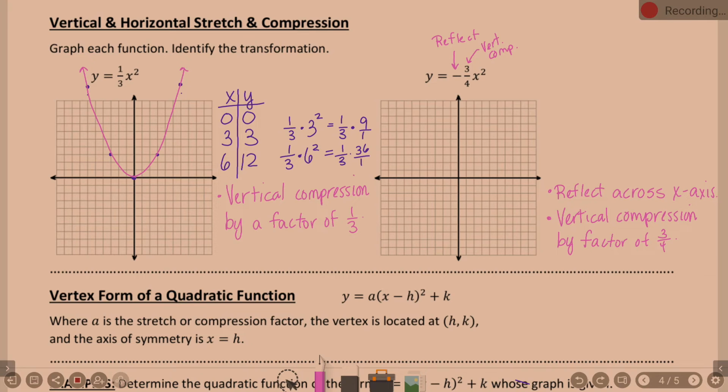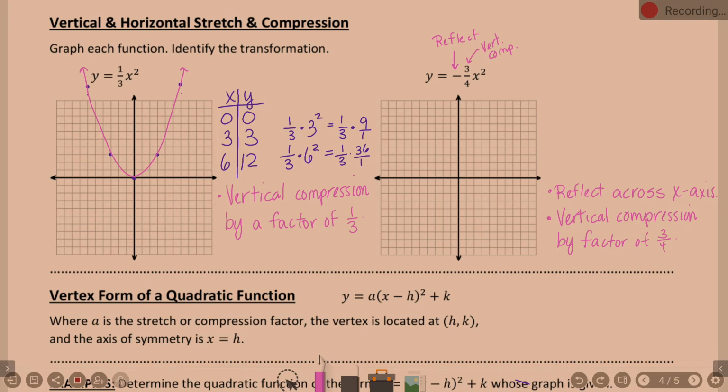Realize I have 2 vertical compression options in here. I picked to do both vertical compression examples because that forces us to use fractions. And where are you guys going to be more likely to struggle? With fractions. If this had been a whole number or a number bigger than 1, could we still have a vertical stretch? Yes. Okay. Though you will still see those, but I felt like fractions were my better option here. Okay.